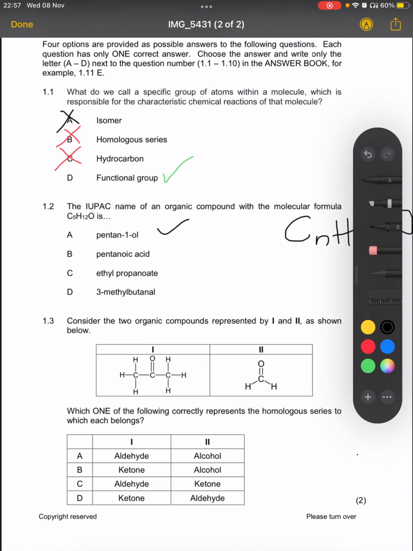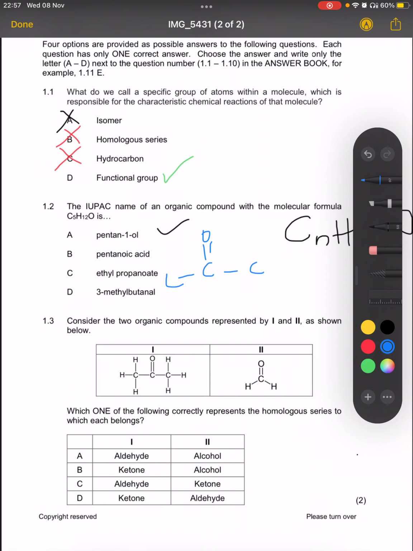Roman figure 1 has this type of homologous series with a C double bond O bonded to a C and bonded to a C, and we should all know that that is a ketone. So either option B or D are correct depending on what Roman figure 2 is.